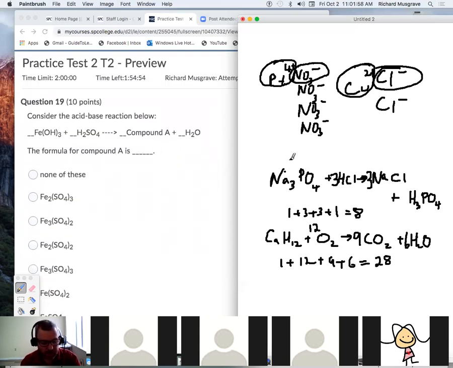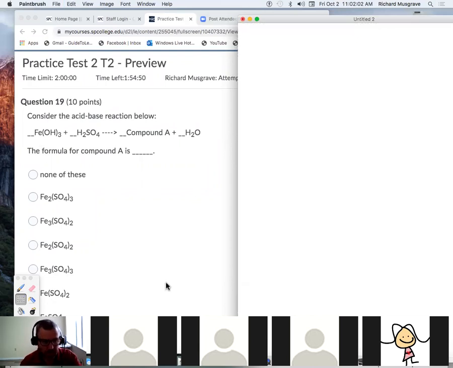So number 19, this is where we come up with the compounds for the acid-base reactions. For something like this, I would definitely want to draw it out. We know we're getting water, and that's because we get Fe(OH)3, with three OH minus, and the Fe would be 3 plus. Then H2SO4, draw that out.